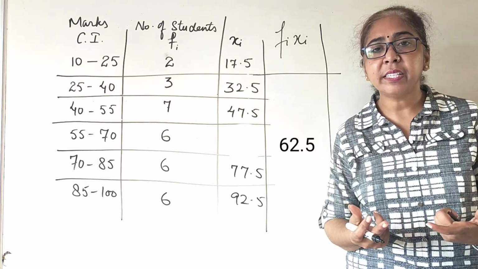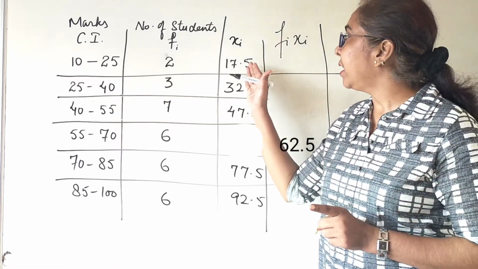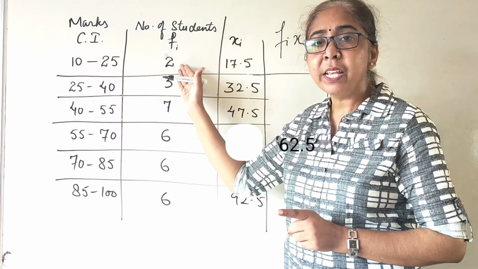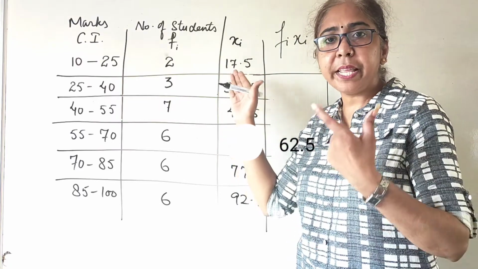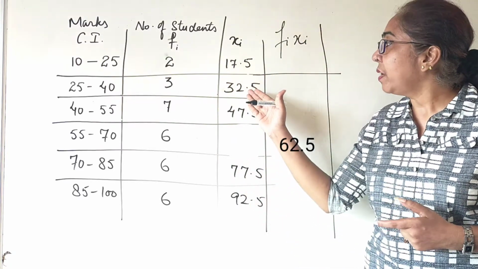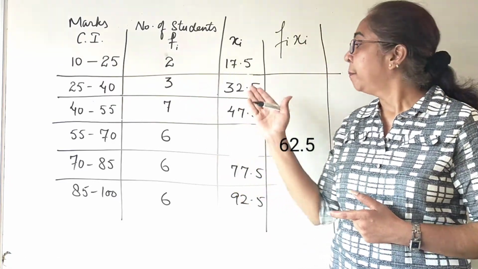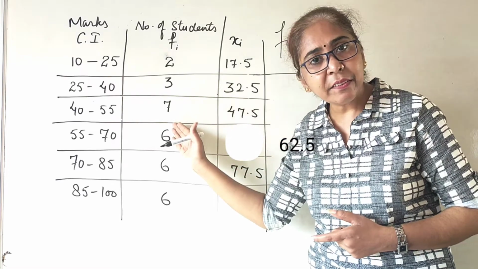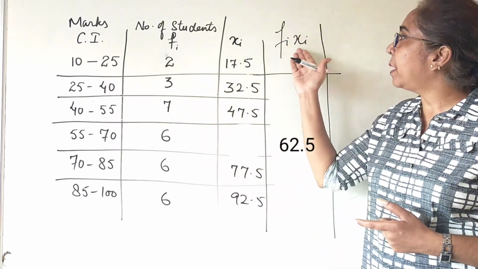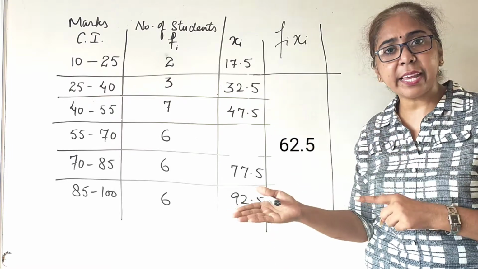The sum of fi xi means the sum of all the observations: 17.5 is 2 times, so we multiply it to get the total 17.5 plus 17.5. In the same way, 32.5 is 3 times, 47.5 is 7 times. That's why we are multiplying fi with xi.